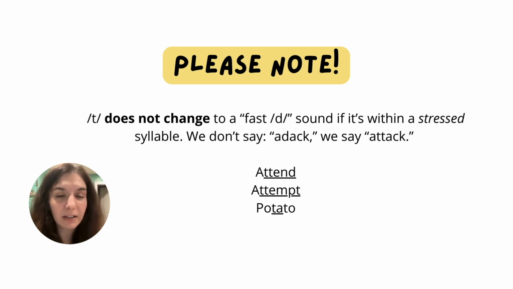You'll hear in the last word, potato, I'm pronouncing the T in the stressed syllable as a T, but the T in the unstressed syllable is a D. Potato. If you haven't learned about stressed syllables inside of words, it's really important, and I highly recommend that you check out this video I made here to learn more about them.